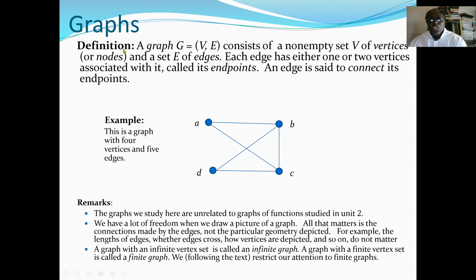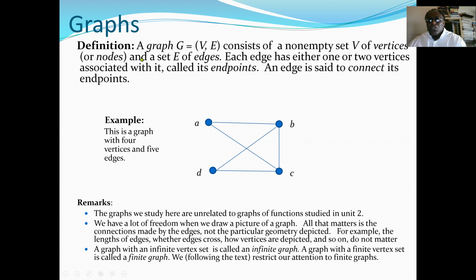So by the definition here, we say a graph G, which normally consists of V standing for the vertex and E standing for the edge, of a non-empty set. So a graph consists of a non-empty set of V. So at least in a graph, we should have one vertex. If there's no vertex at all, then we don't have anything.